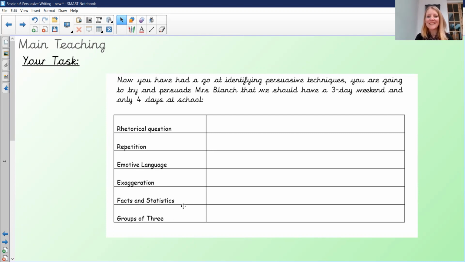Facts and statistics. Okay, could you put in some detail there? Something about 75% of children do better in school when they have more time to relax. And a group of three, maybe three adjectives that you want to use together to stress something, or maybe a phrase that you repeat three times.